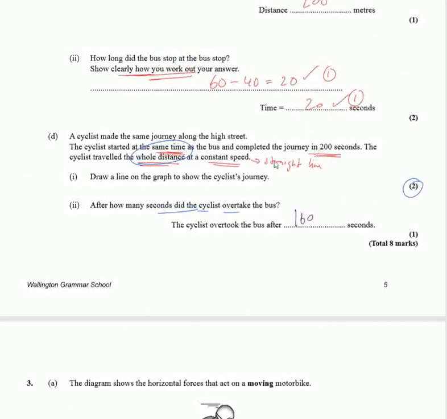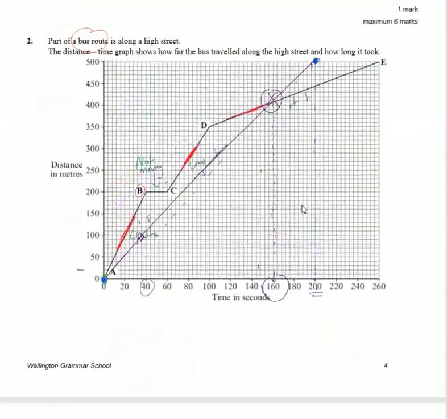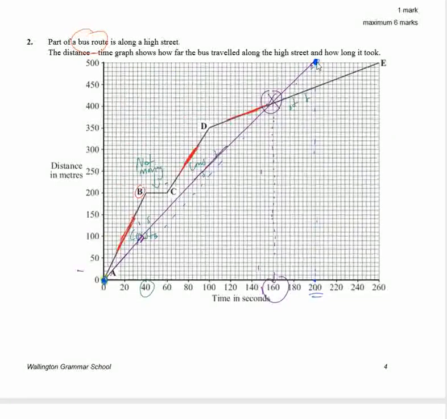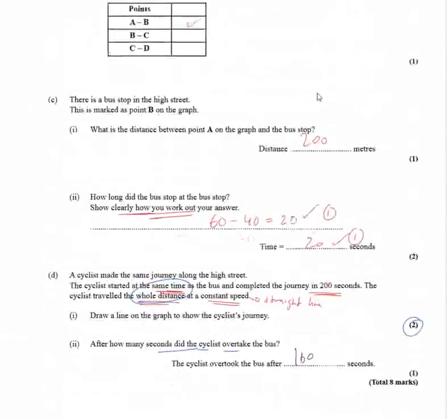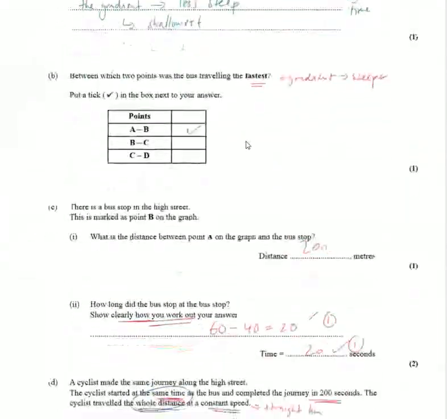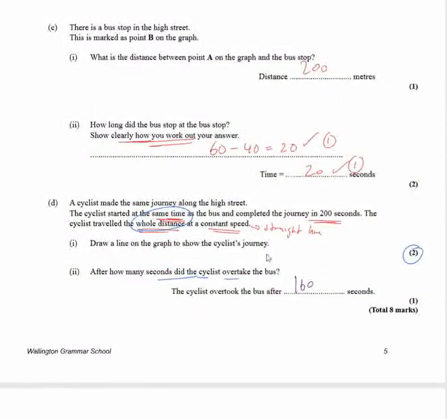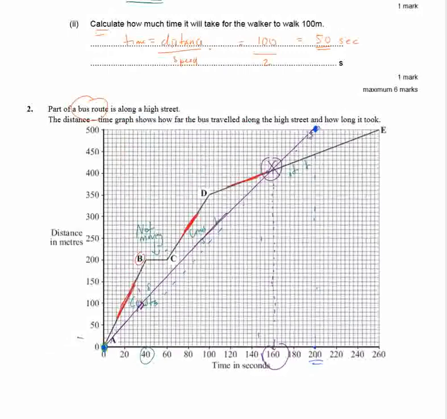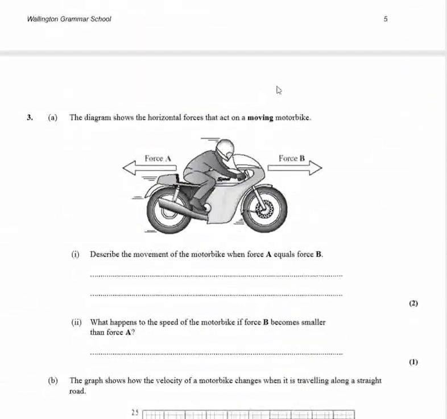Some of you I may have given marks even if you did not get 160, because I've taken a look at your diagram and checked whether you've indeed completed the journey properly. Otherwise, you may not have been given the marks. I've already checked this for you. If you did not get the mark, it's because you missed something: either you didn't align the line properly, or you didn't use a straight line. Otherwise, you have gotten the mark.